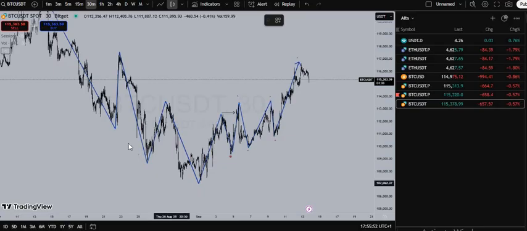Okay, this can be defined as a change of character because we are coming from a previous uptrend. I'll mark this out as the lower high.